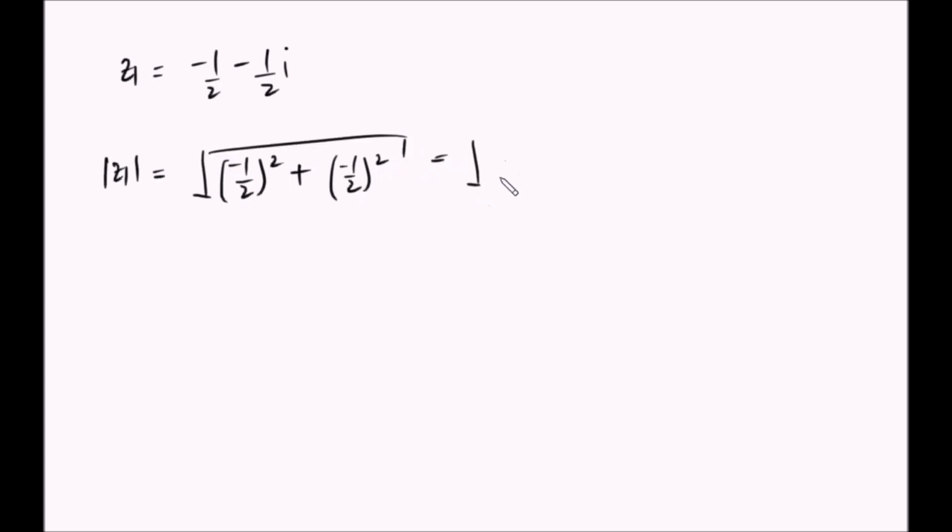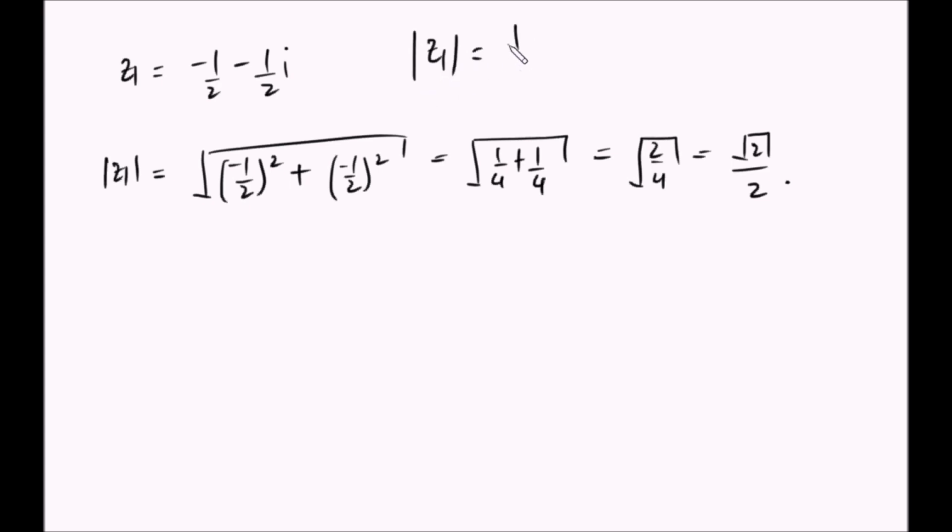So this is just going to be 1 over 4 plus 1 over 4, which is just going to be equal to 2 over 4. But the square root of 4 is 2, so this is the square root of 2 over 2. So the modulus of z1 is the square root of 2 over 2. Let's get the argument now.